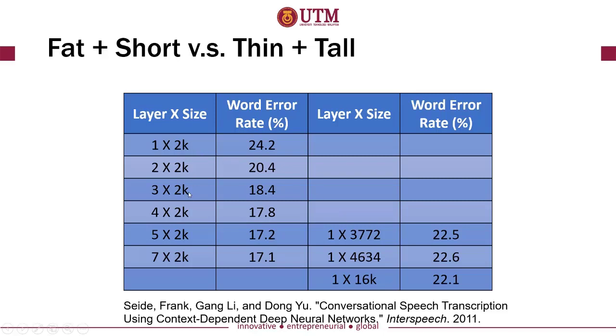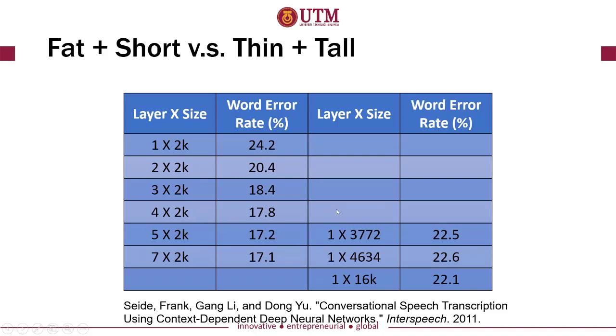As you can see from the result here, this is the shallow neural network and this one is the deep neural network. I call it a shallow neural network because it has only one hidden layer. In that one hidden layer you have 3772 neurons, and then they try to increase the number of neurons while keeping a single hidden layer, while in this setup they change the number of layers, and each layer has 2000 neurons.